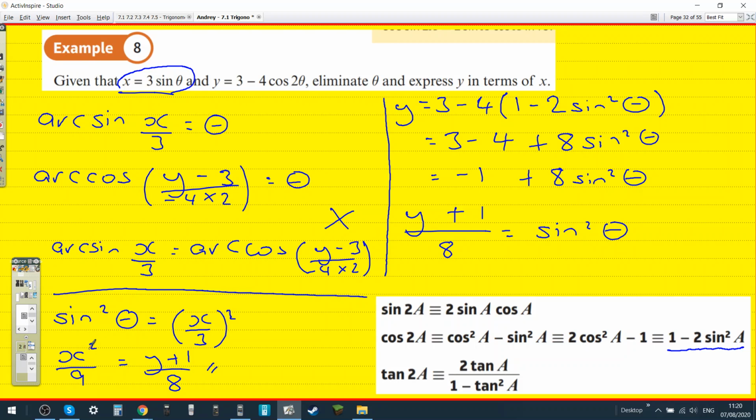That's why, if you were to put arc sine x over 3 equals arc cos of y minus 3 over minus 4 times 2 into a graphical calculator, you'd get the positive half of the graph, the top part. If you put this one into your graphical calculator, you would get all of the graph, the bottom of it as well. This contains all the solutions. This one up here does not.